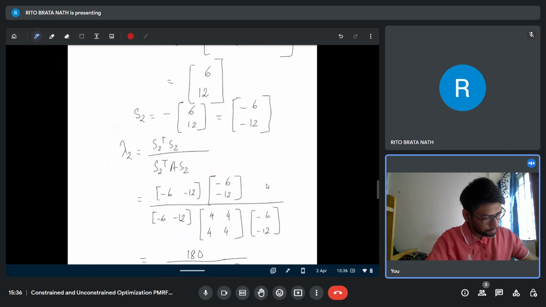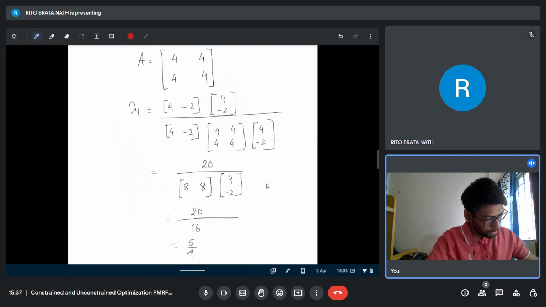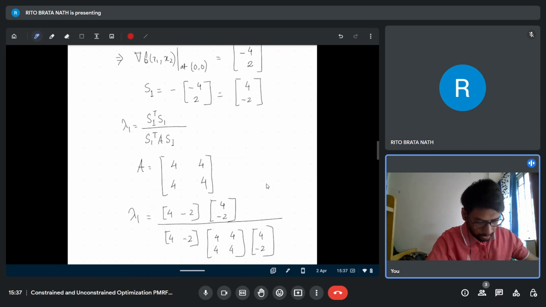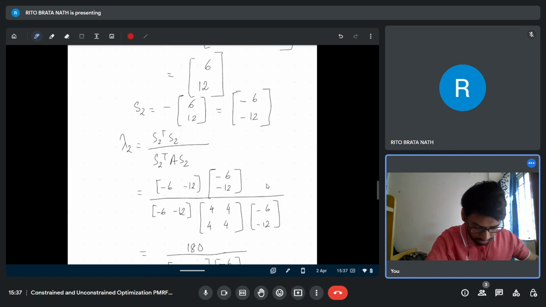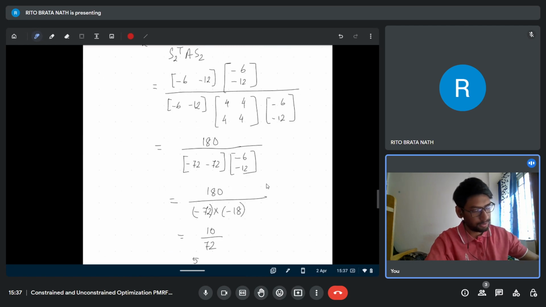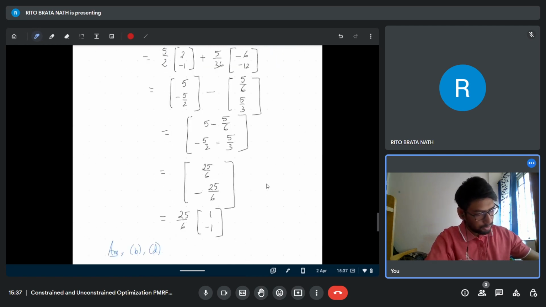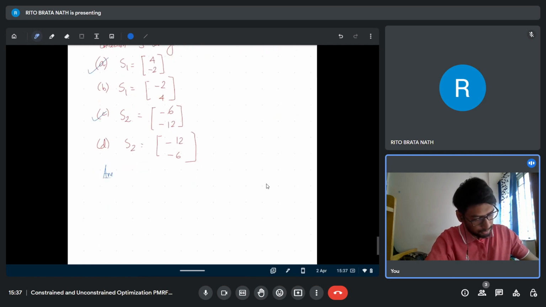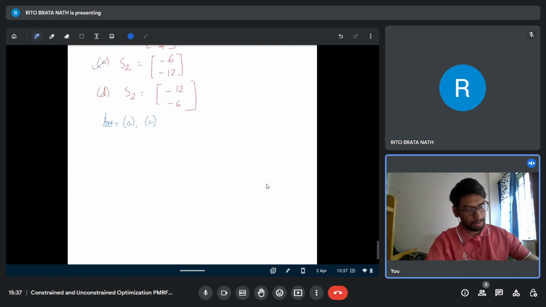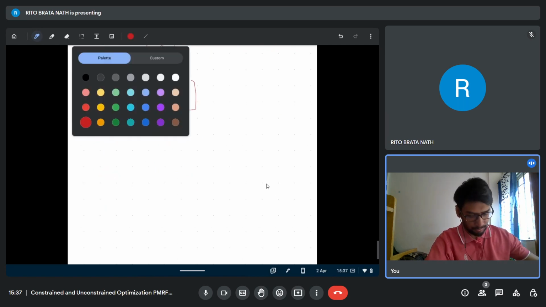S1 was 4 minus 2, so that means option A is correct. And S2 is minus 6 minus 12, that means option C is correct. So this is fine. Let me mark the answers. Option A and option C are correct. So the answer is A and C. That's all about the sixth problem. The calculations are already present in the previous problem.